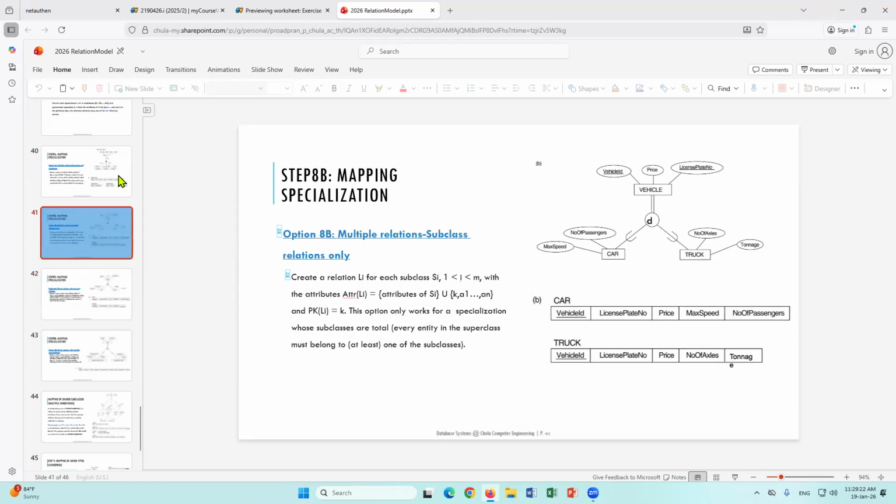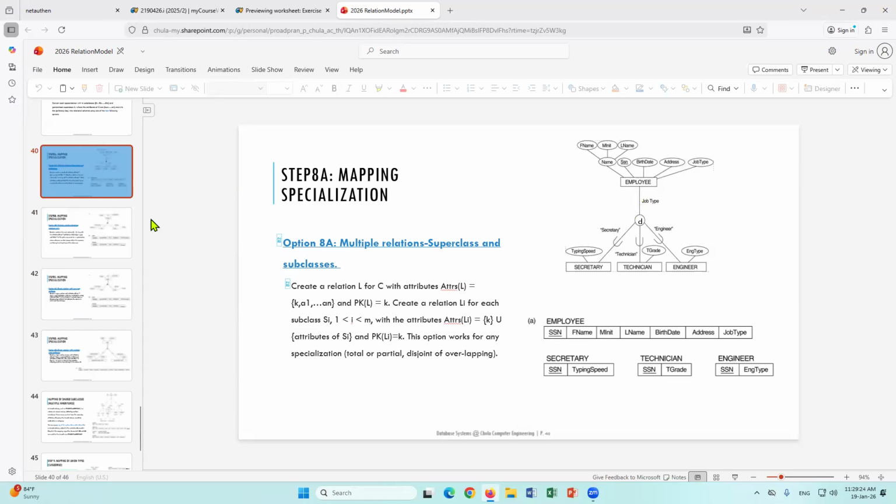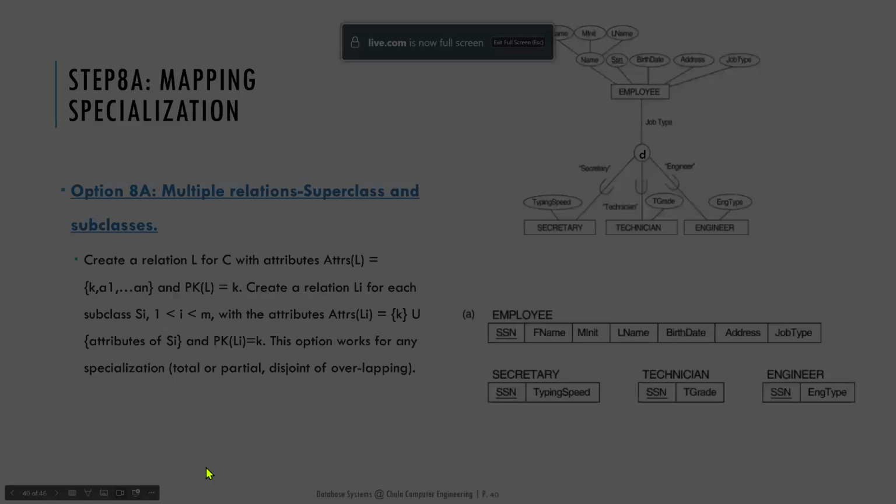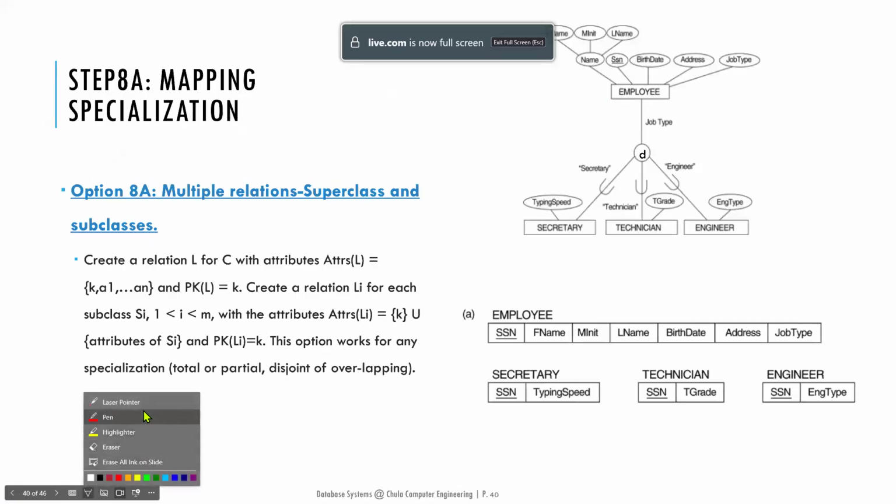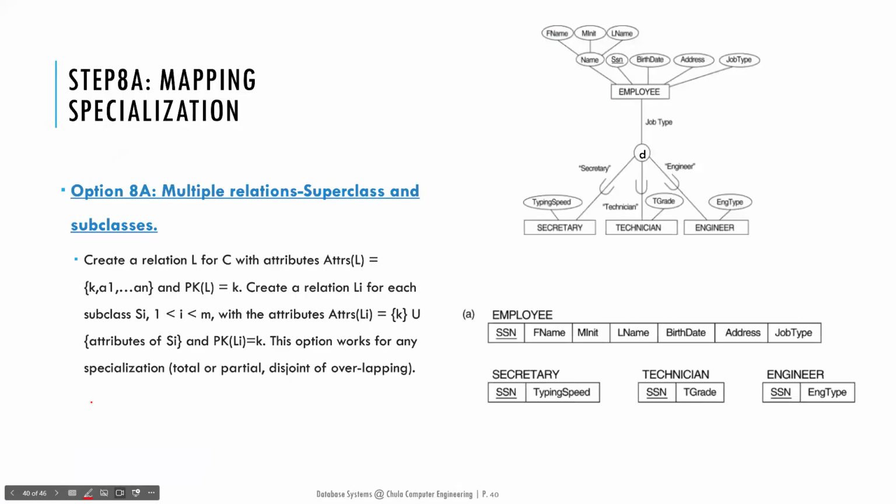We'll create a big one. So let me write it down. Okay, we will create a new one. So the result would be, if we do this 8C, one big relation called employee. Okay, employee.